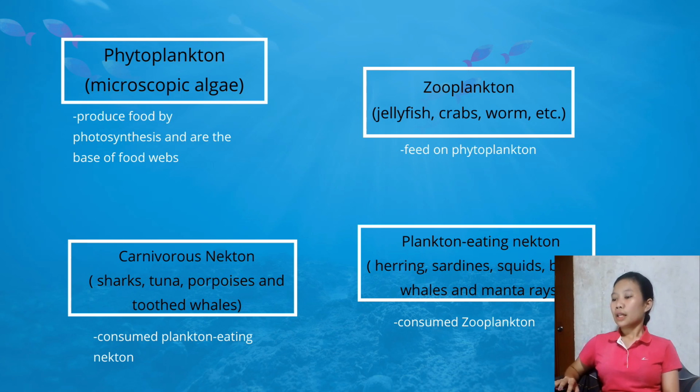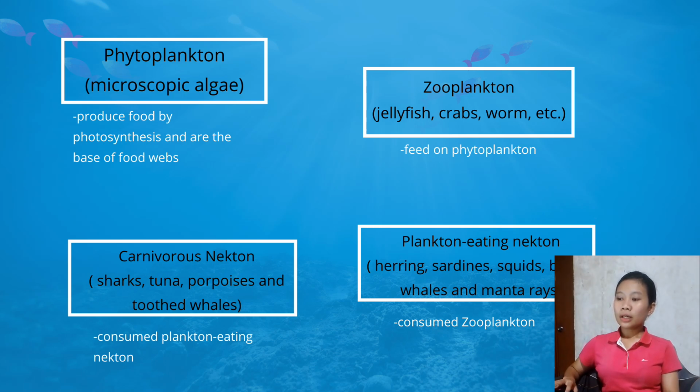So, and then, kani naman si carnivores of nekton, which is an example ani is yung mga sharks, tuna, porpoises, and toothed whales. Sila naman ang nag-consume sa mga plankton eating nekton. So, ginakaon nila ang mga plankton eating nekton, kaning mga herring, sardines, squids, baleen whales, and the manta ray.